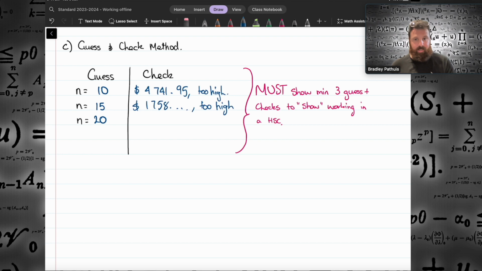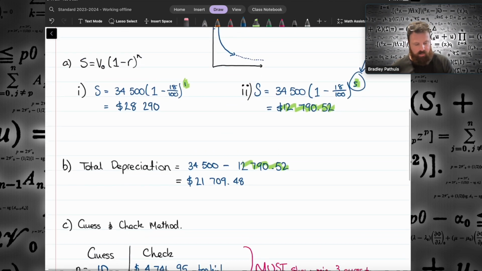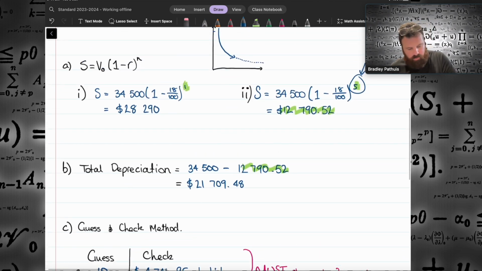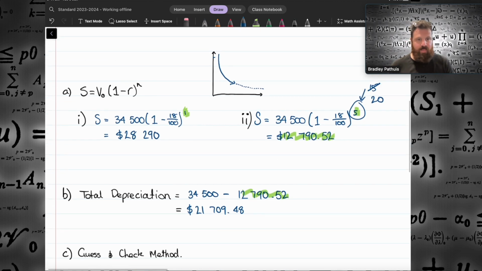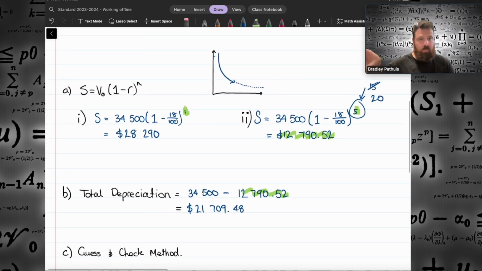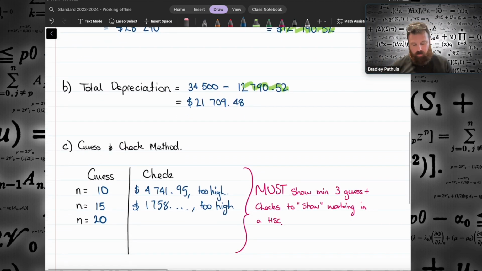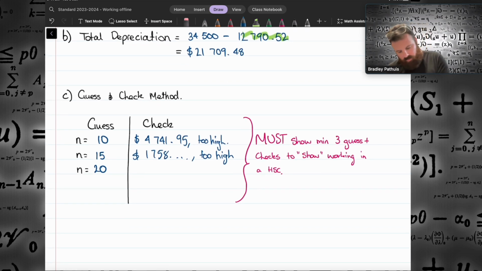So n equals 15 is too high. Let's try n equals 20. And again, now all I'm going to do is change the value of n there to 20. Type that in with n now being 20, and when I press equals on that, I get $651. So now straight away I know that my value is somewhere between 15 and 20. Let's try something that's about halfway.